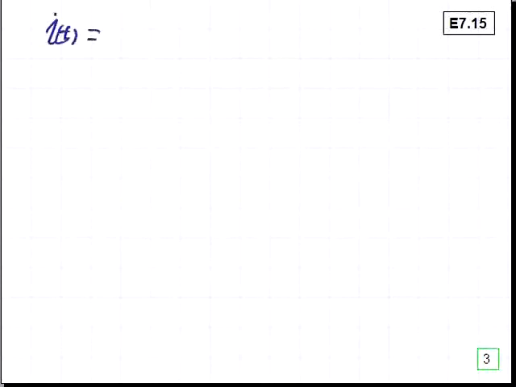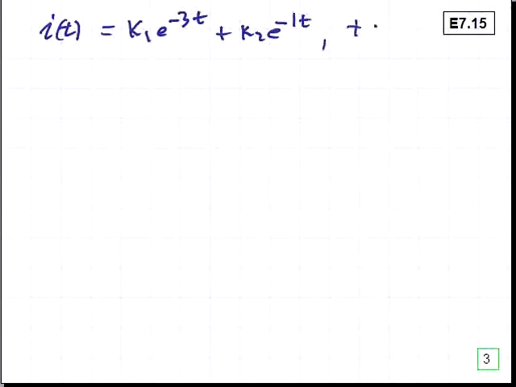I of t is equal to k1 e to the minus 3t plus k2 e to the minus 1t, and this is valid for time greater than 0.